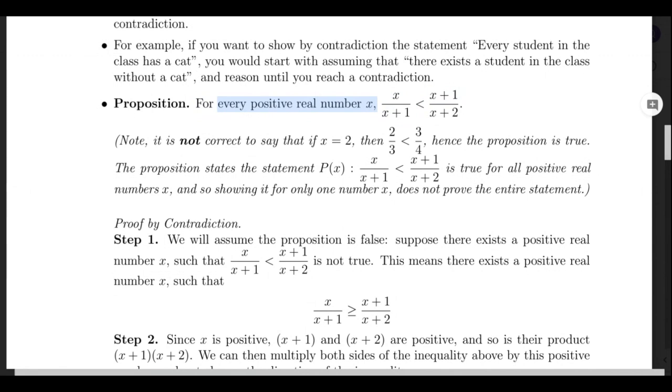So how to prove by contradiction? We assume the proposition is false, right? Then we arrive at a contradiction. Then because we arrived at a contradiction, we go back to say, okay, the assumption must be false.